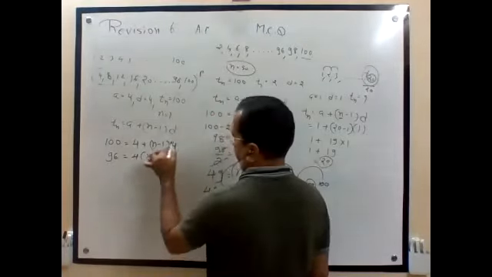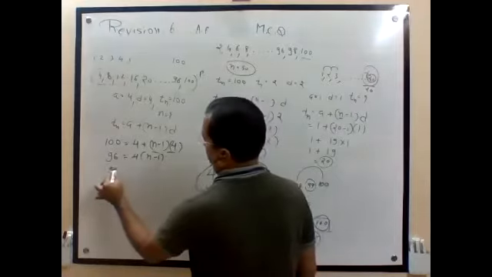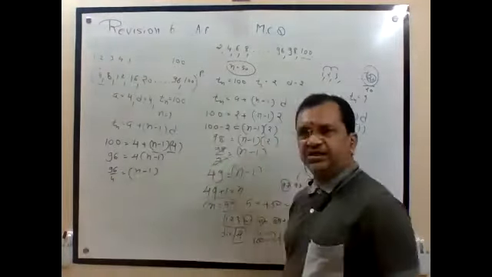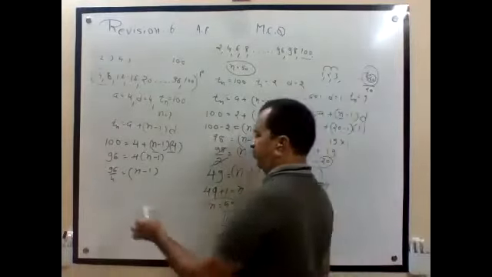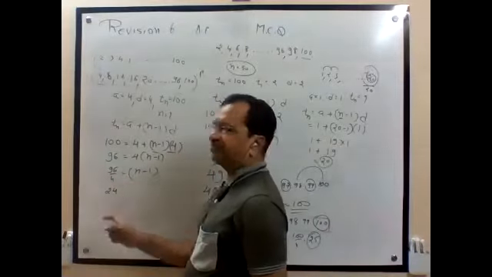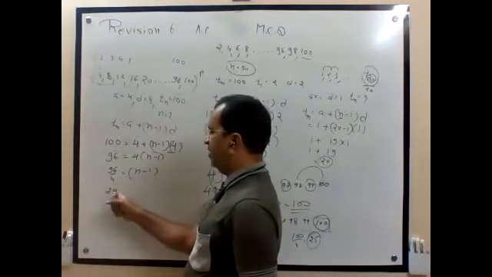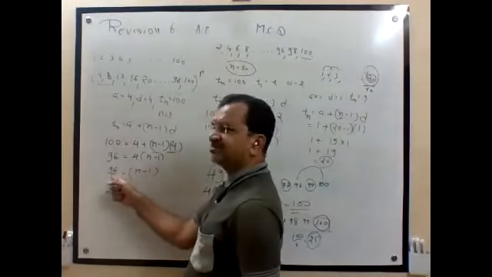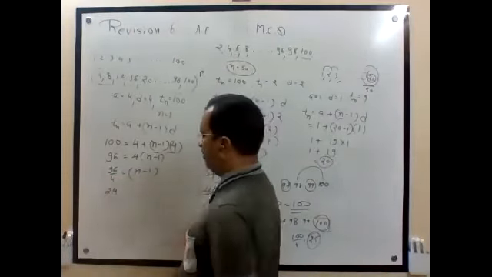Divide by 4. 96 by 4 means 24. Why? 100 less 4, 25 less 4, 25 less 1. Because this is 100 less 4, this is 5 less 1. So 25 less 1.